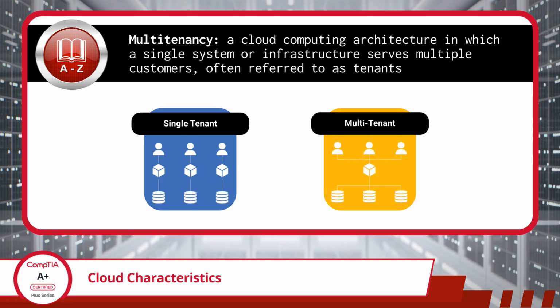In those cases, a customer may have exclusive access to specific hardware while still benefiting from the overall cloud management platform and services. Understanding multi-tenancy helps explain how cloud providers efficiently support many different organizations at once while maintaining logical separation and security between tenants.